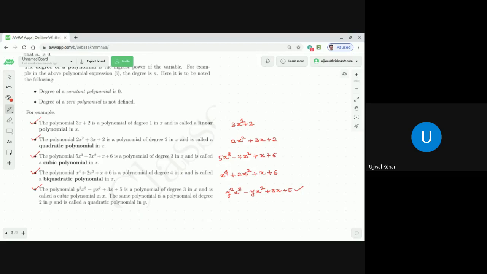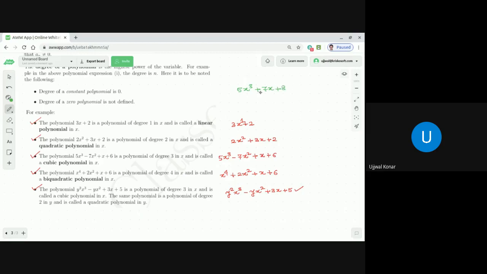So what is meant by a polynomial now? And what is the degree of a polynomial? For example, let me give an example using a different color. Suppose I say 5 into x cube plus 7x plus 8.